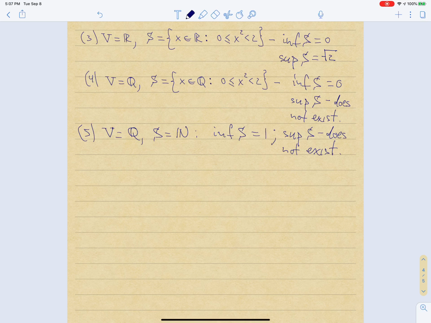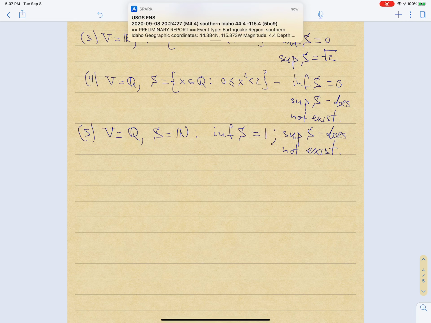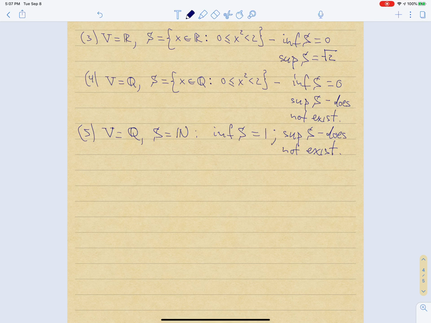Okay, so I hope that with these examples, it is clear to you how this works. So now let's see how we can prove, for example, numbers 3 and 4 possibly. So first of all, let's write down the following thing.